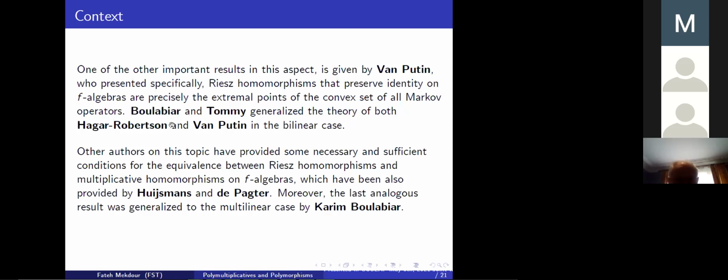Next, Boulabiar and Toumi generalized the theory of both Hager, Robertson, and Huijsmans in the bilinear case. Other authors on this topic have provided some necessary and sufficient conditions for the equivalence between Riesz homomorphisms and multiplicative homomorphisms on F-algebras, which have also been provided by Hodgman and de Pagter. Moreover, the last analogous result was generalized to the multilinear case by Karim Boulabiar.